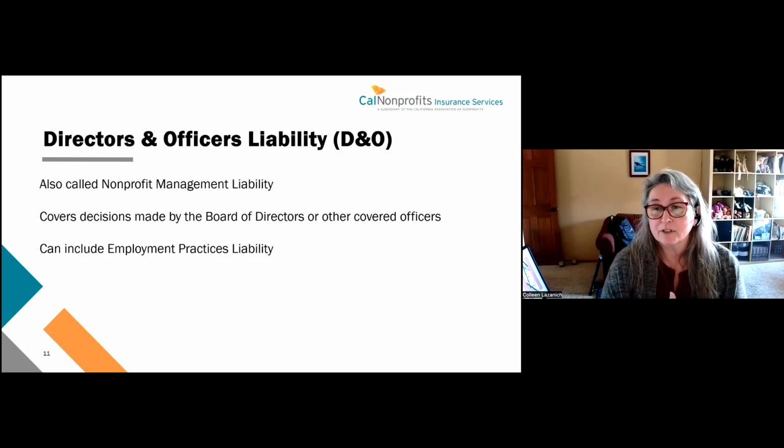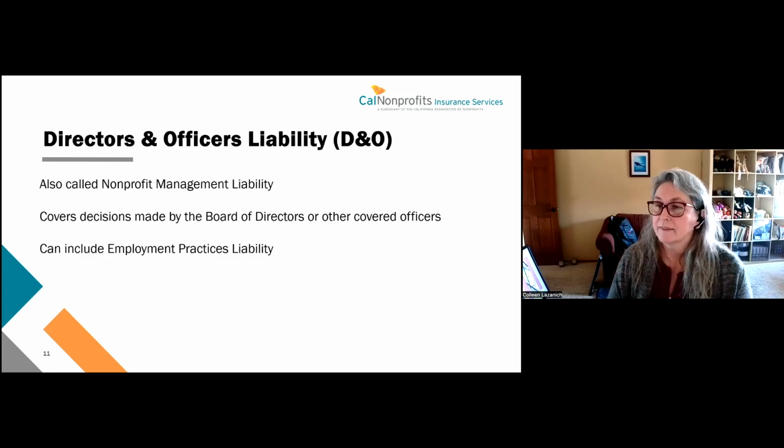The directors and officers liability is a non-standard form, although I'd say a lot of the policies have similar provisions available in them. The biggest difference between most of the policies that we see when they're designed for nonprofit is how they're triggered. Some of them can be triggered by an event. As long as the event happened within the policy term, it's covered.